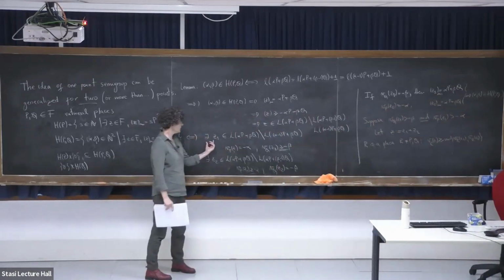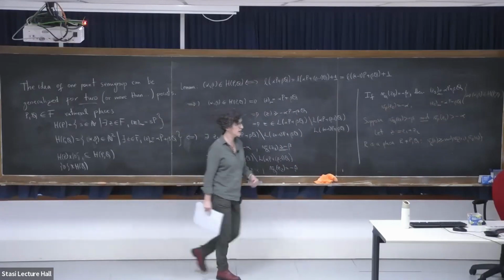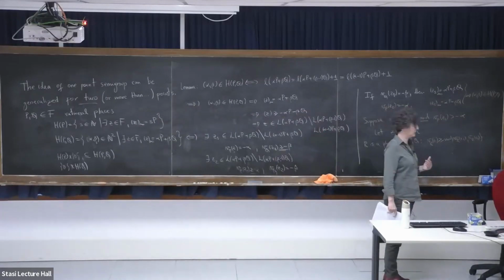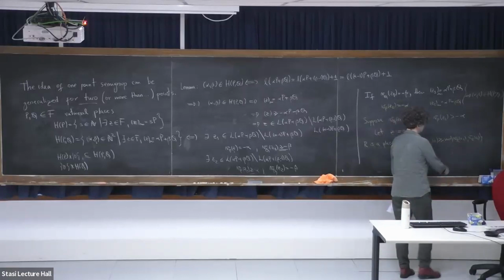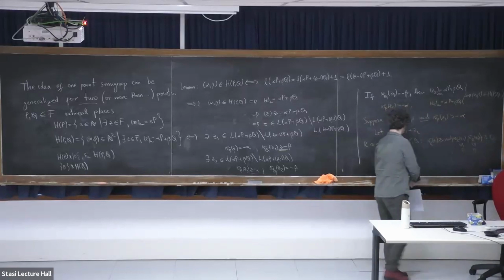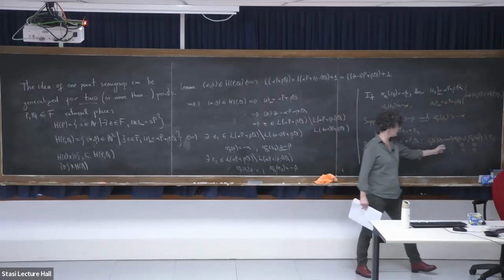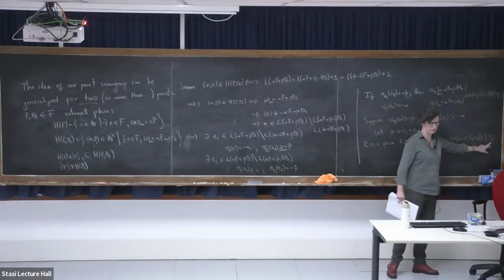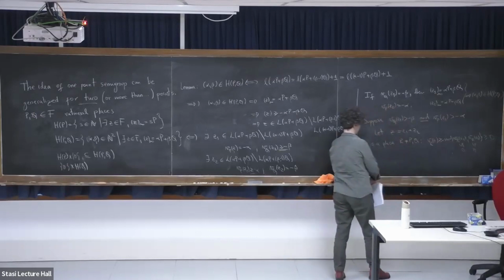But zeta 1 lives here, so zeta 1 can only have poles at P and Q. Out of these places, it could have zeros or could be equal to 0. So this number is always larger or equal to 0. This also is larger or equal to 0. So if R is not any of these places, we know that the evaluation is larger or equal to 0. So this function can only have poles at P and Q.